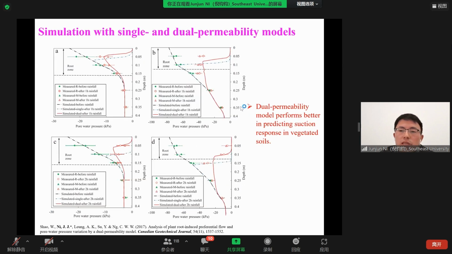And after that, we do some back analysis. Especially for this dense planting case, we find some plant decay induced micropores. So we propose to use the dual permeability model at that time to capture those suction responses. If we use a conventional single permeability model, this suction response cannot be captured.